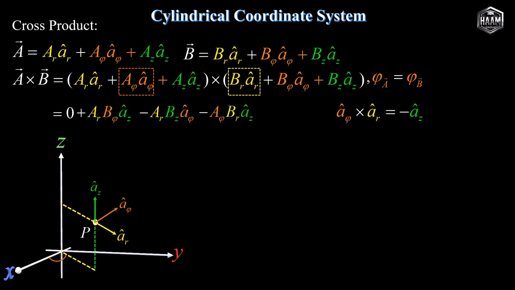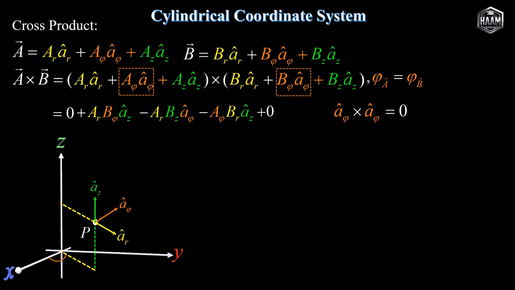This produces negative A sub phi B sub r unit vector A hat sub z. The fifth term involves the cross product of unit vector A hat sub phi with itself, which equals 0.